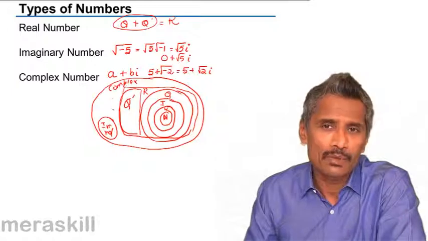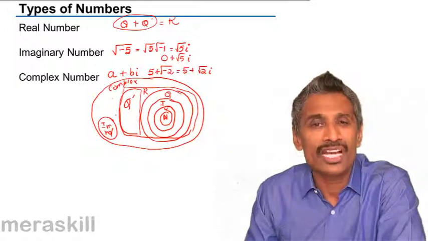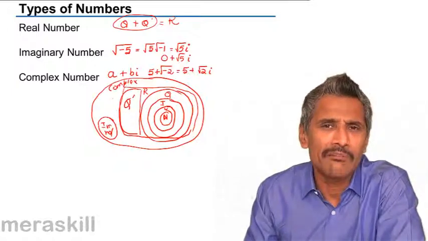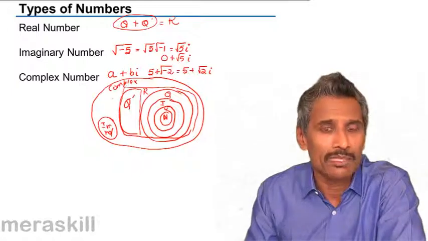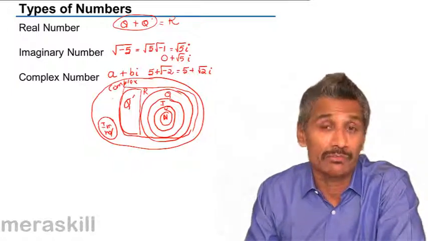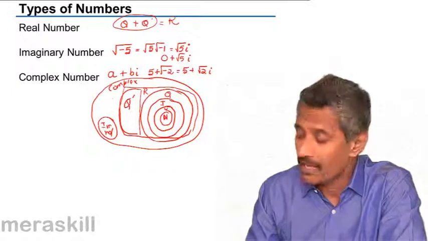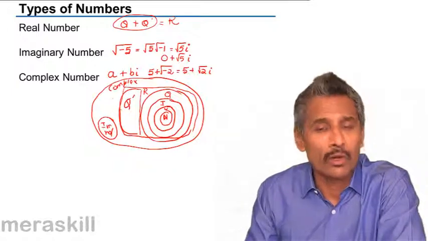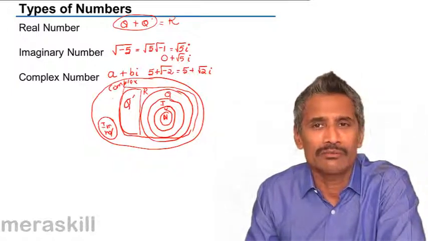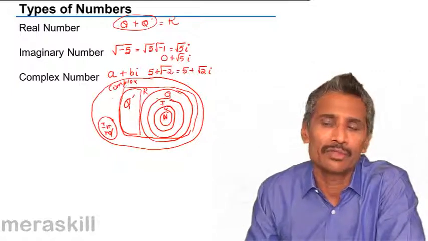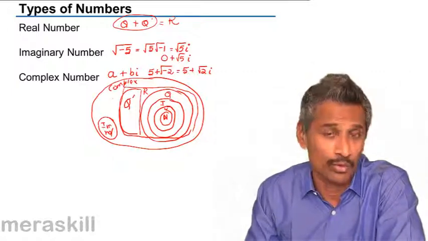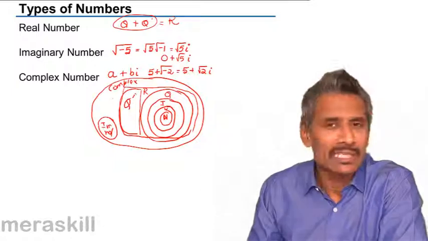There is of course one more set of numbers called transcendental numbers, but that is a very fine division. Transcendental numbers are also a special type of irrational numbers. Among them we said pi and also e, which is also an irrational number whose approximate value is around 2.7128 and so on, with no recurrence happening. But we don't have to bother about that.